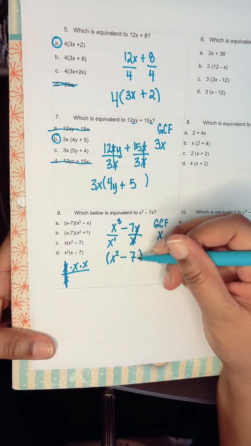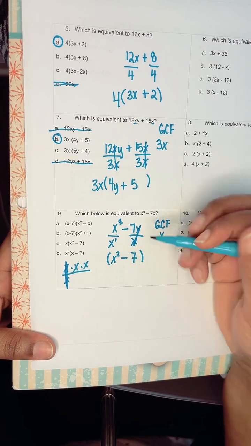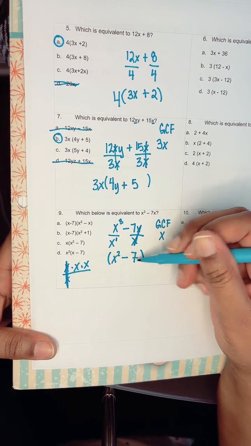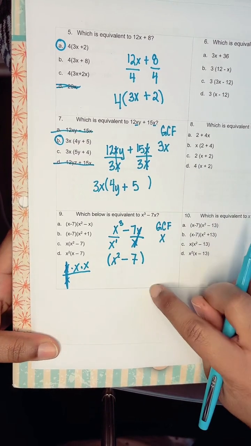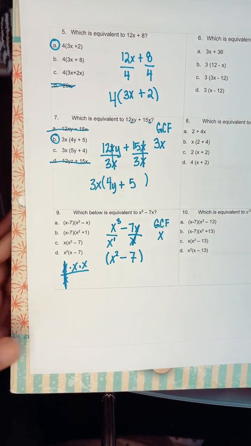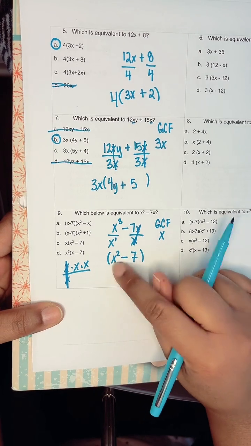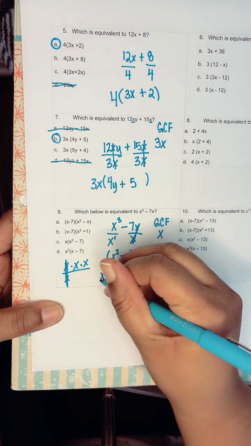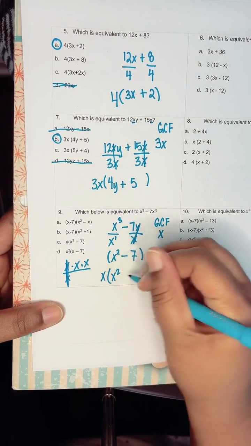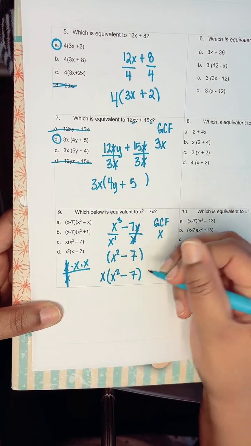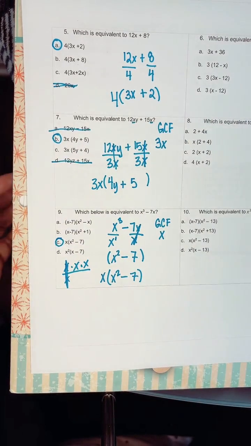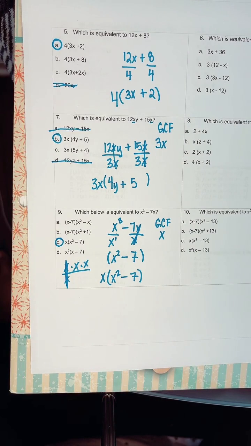Because this is not a perfect square. If this was like 49, then you'd be correct. But since it's 7, there's nothing times itself to give us 7. So that's why this is not a difference of squares. So we would have X squared minus 7. And C, like you guys were saying in the chat, would be our answer.